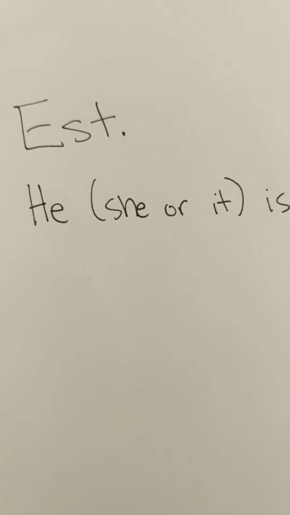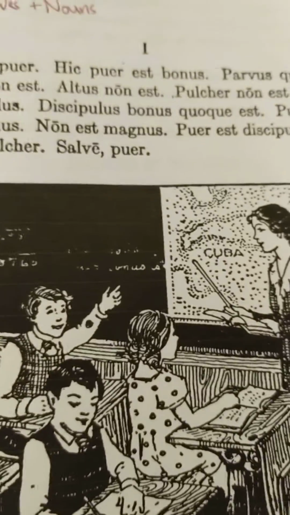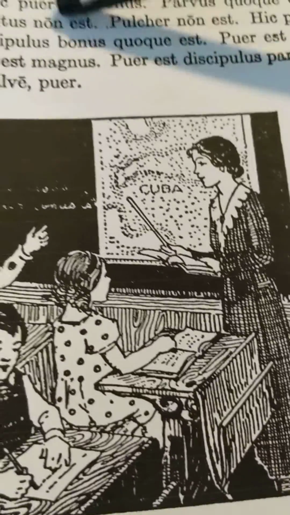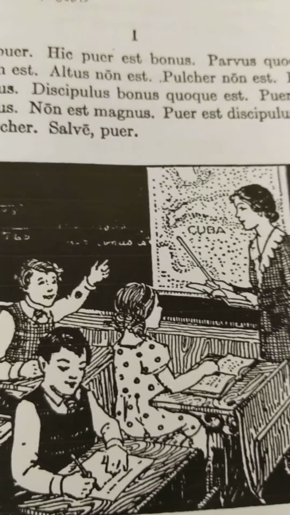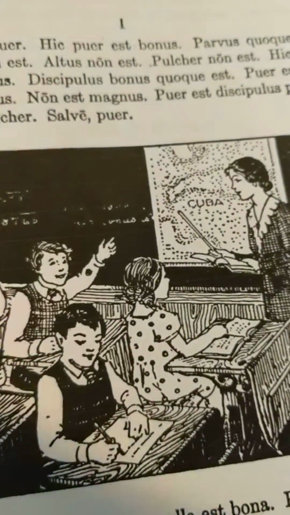And all of that is just wrapped up in this one little word est. So when you're looking at a Latin sentence and you're looking for that word for he or she, it sometimes might not be there. And you can look at your verb and figure out what it is supposed to be. Okay, so if that was tripping you up, I'm sorry, but now you know. Look at that verb, and that will help you out.